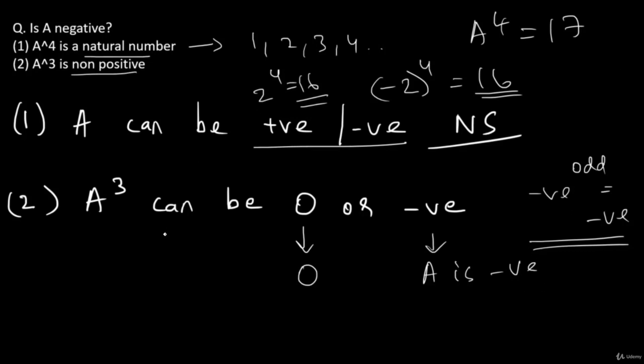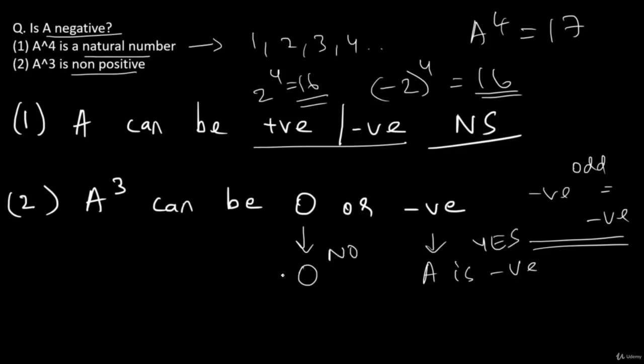Therefore, statement 2 alone also we cannot say whether a is negative, because 0 is not negative. 0, remember, is neither positive nor negative. So statement 2 alone does not give us a definite yes or no, because in the case of 0 it's a no, and over here it is a yes.